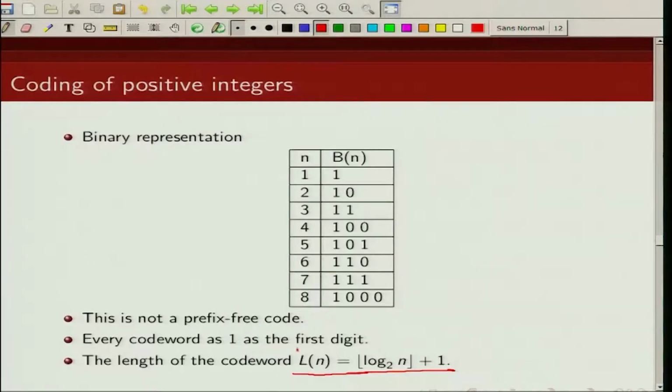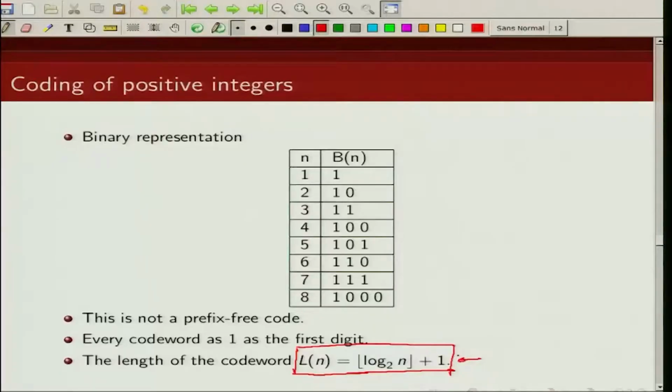However, this is not a prefix free code. So wouldn't it be nice to design a prefix free code which would have the number of bits required to encode close to this? So that's the goal.